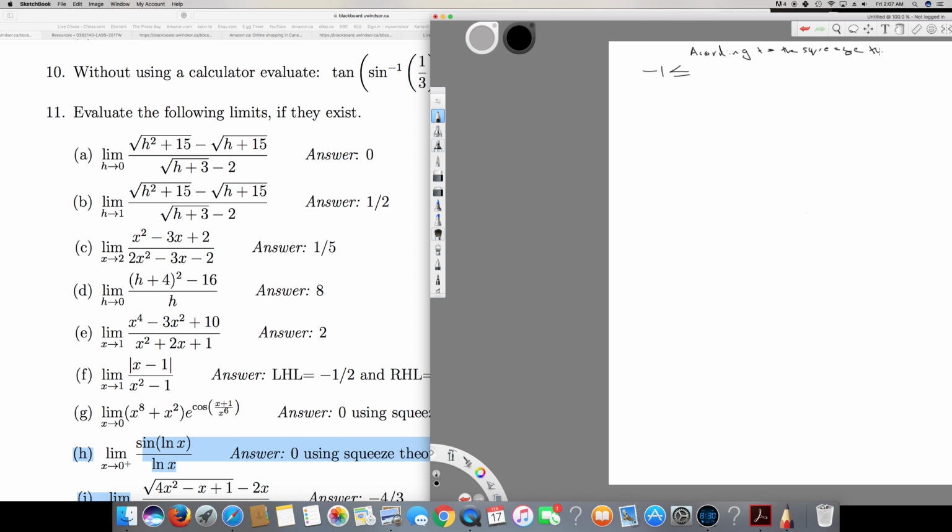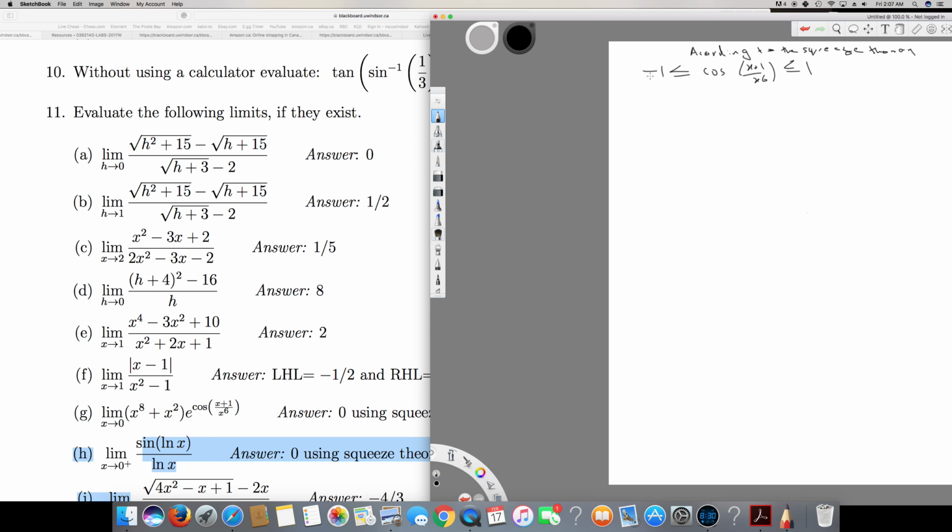So according to the squeeze theorem, negative 1 should be less than or equal to cos of (x plus 1 over x to the power of 6). So this is my cos, and it should be below 1 and above negative 1. Now I simply have to put these values right here.